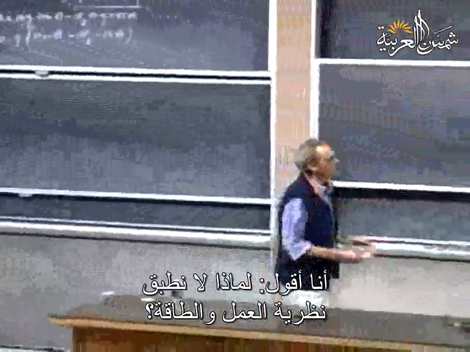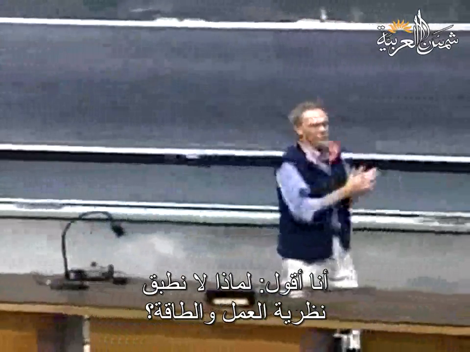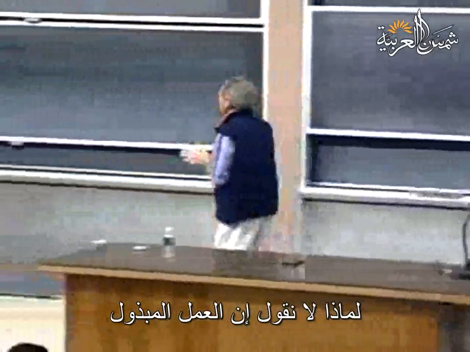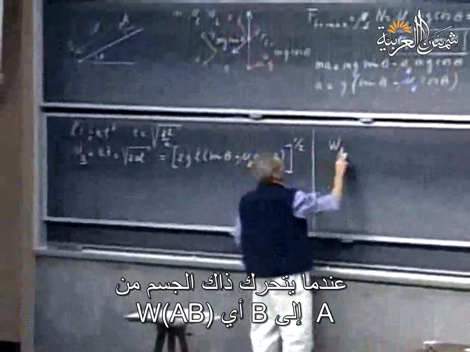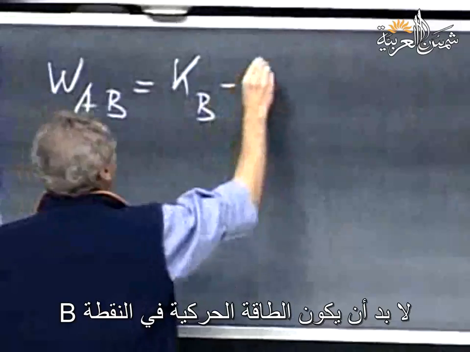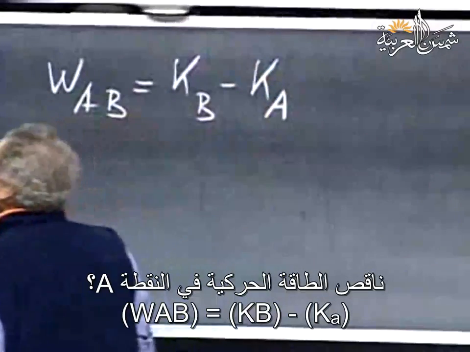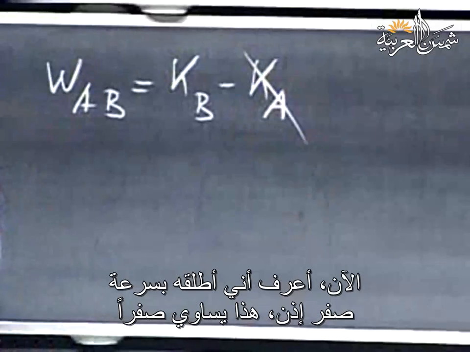I would say, hey, why not apply the work energy theorem? Why not say that the work done when that object moves from A to B must be the kinetic energy at point B minus the kinetic energy at point A. Now I know that I released it at 0 speed, so this is 0.